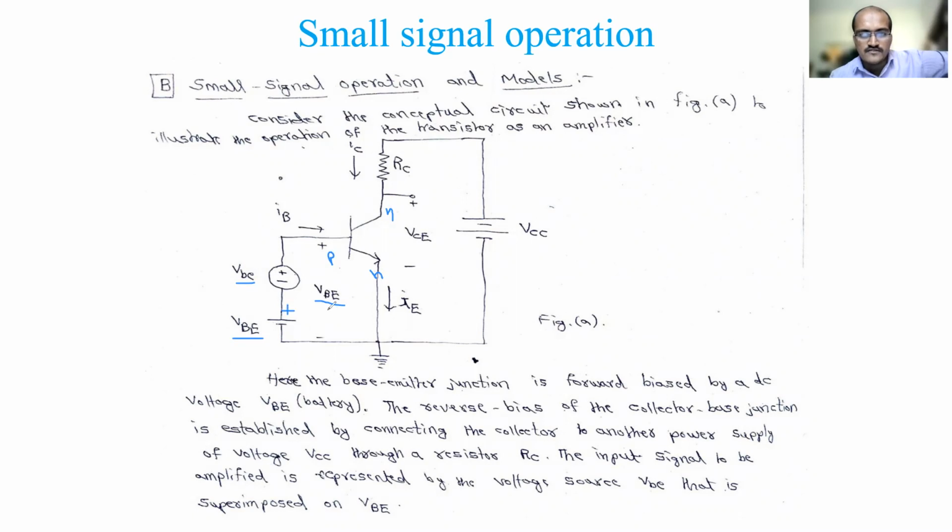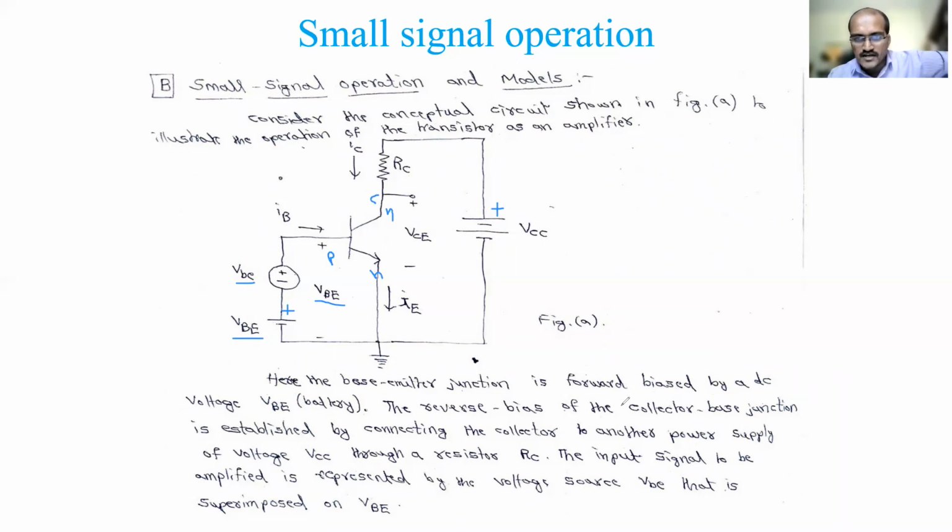In the same way, the collector base junction is here. The collector is this and this is the base, so this is the N side, which is connected to another battery. See here, the negative side is connected to plus, meaning it is reverse biased.